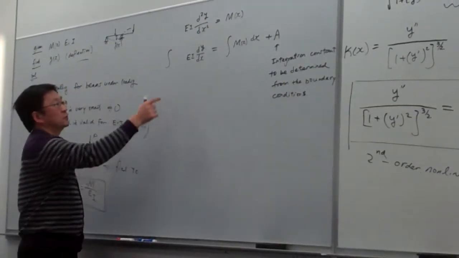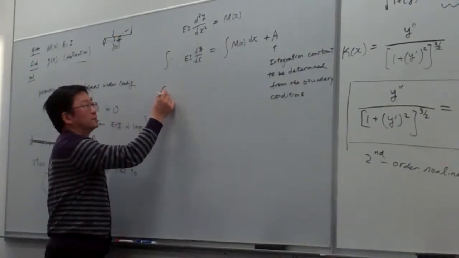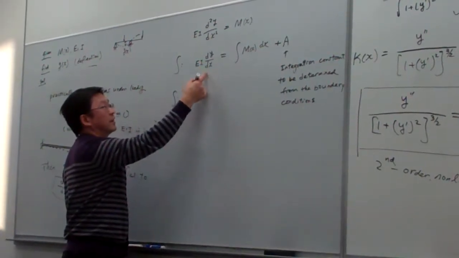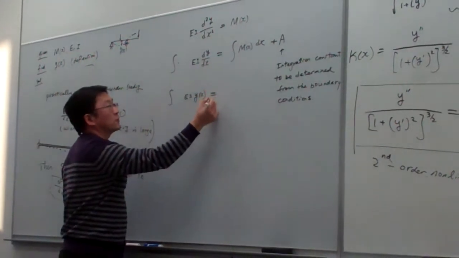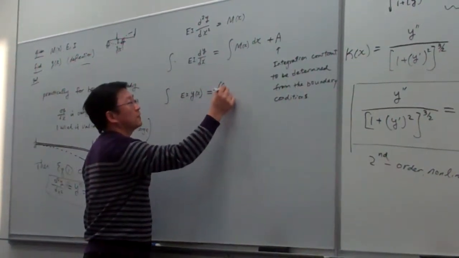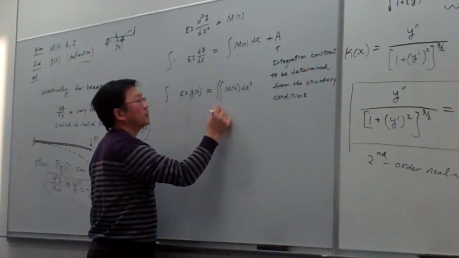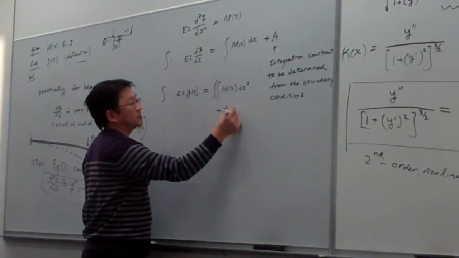Okay, so now this is the first derivative, so we integrate one more time. It'll be EI, and then dy/dx we integrate one more time, that becomes y of x. And this one will become the double integral of M(x) dx squared, plus A, which after integration becomes A times x.